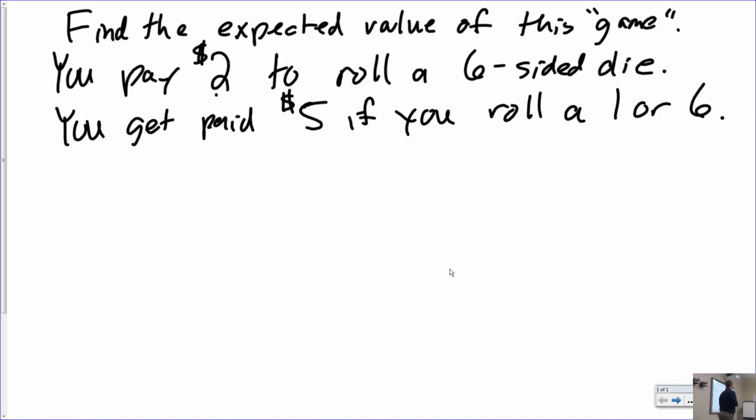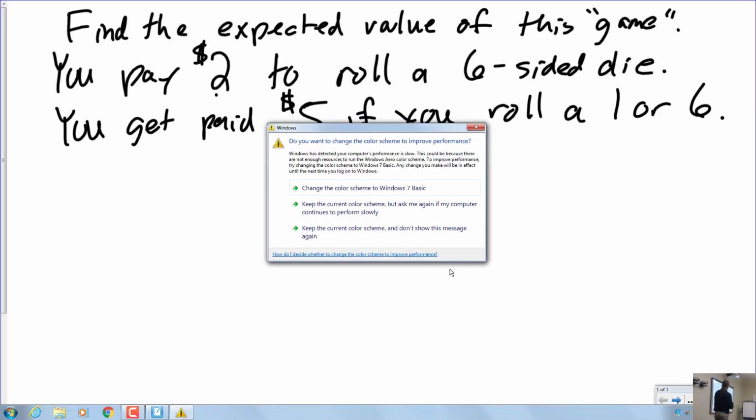We're doing the graph thing like 0, 1 to 6, and then you do the minus $2. So I would expect you to create some sort of a frequency distribution or a probability distribution on this.